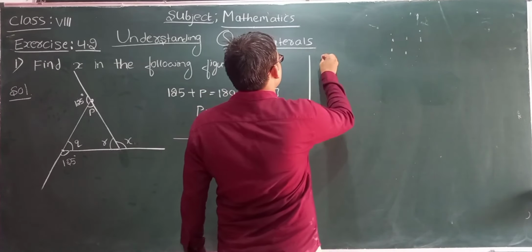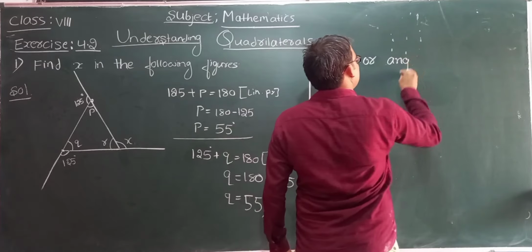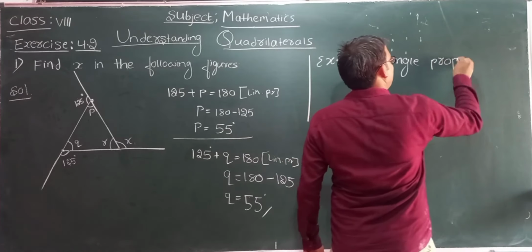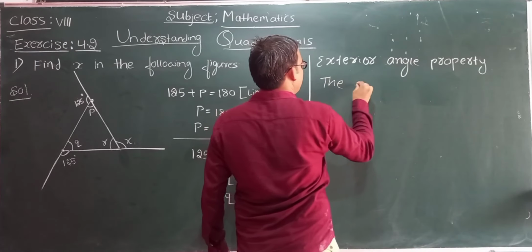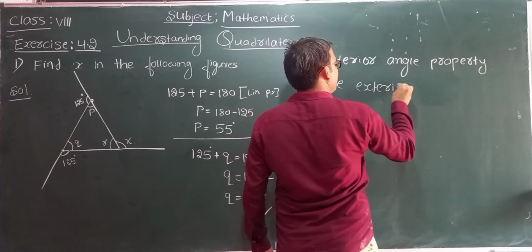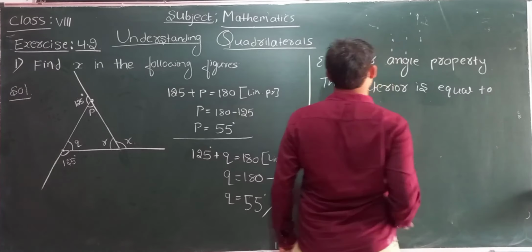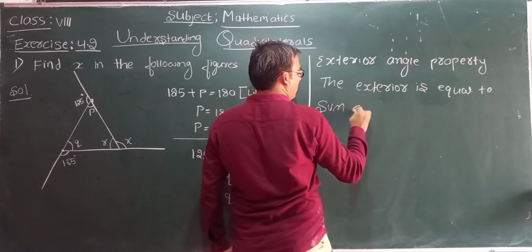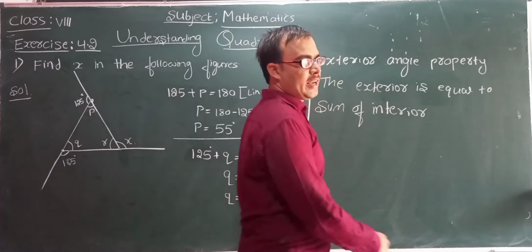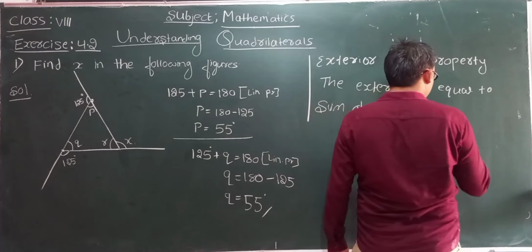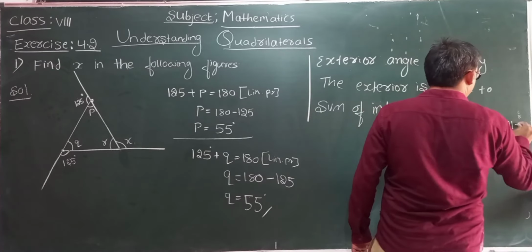So here, the exterior angle property, that is, the exterior angle is equal to the sum of interior opposite angles.